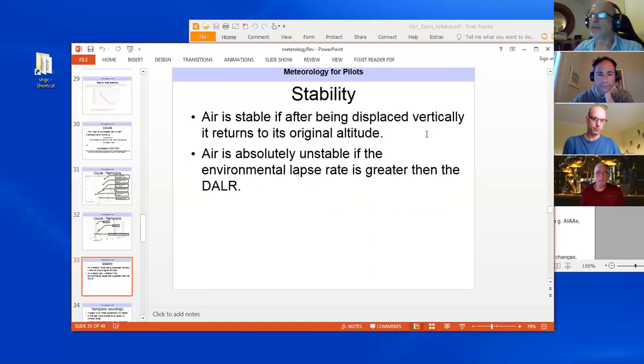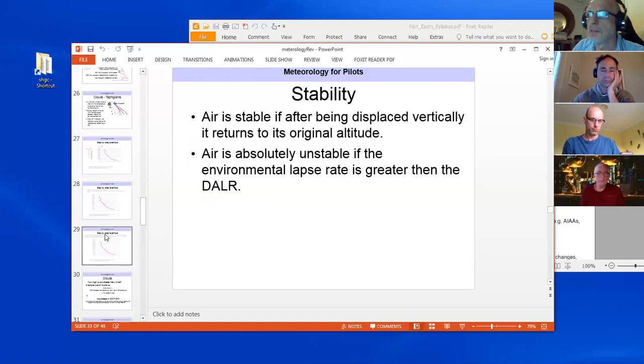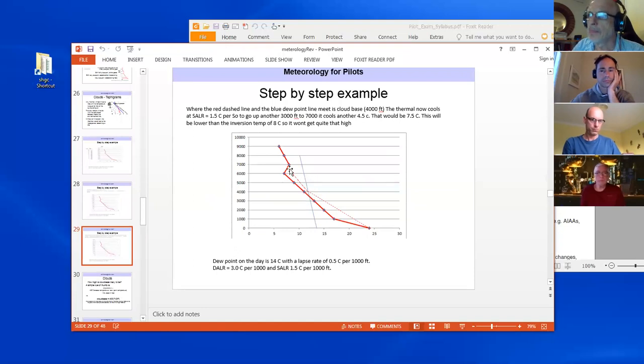Air is stable if after being displaced vertically, it returns to its original altitude. So this relates to an inversion. If we go back to one of these diagrams here, if we take this top point between 6,000 and 7,000 feet, if the air tries to rise above that point, it will be cooler than the air temperature, so it can't, and it will come back down.